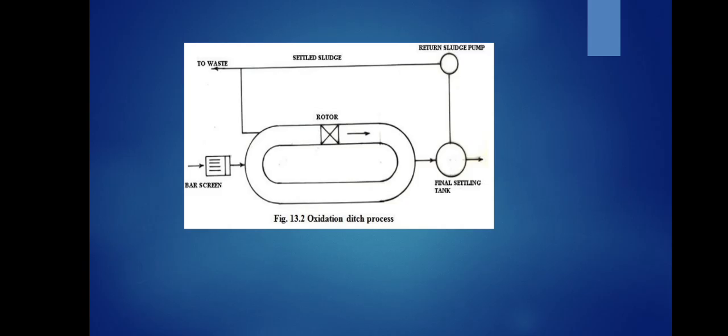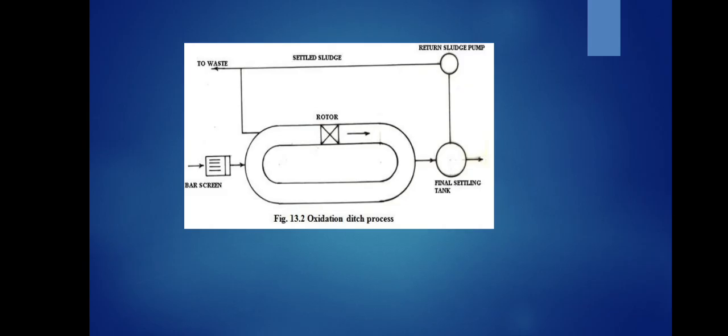This diagram shows the wastewater entering the ditch after passing through the bar screen. The bar screen removes the suspended particles present in the wastewater. Then it enters into the ditch. The rotor starts rotating.